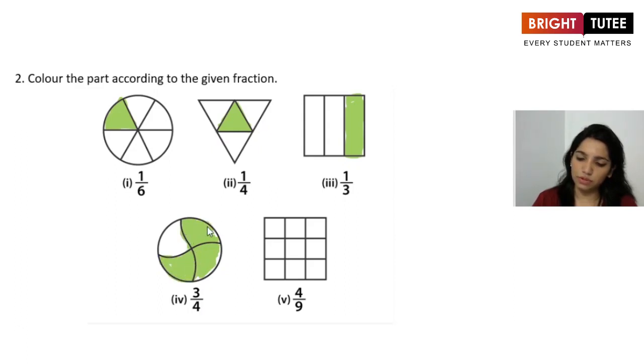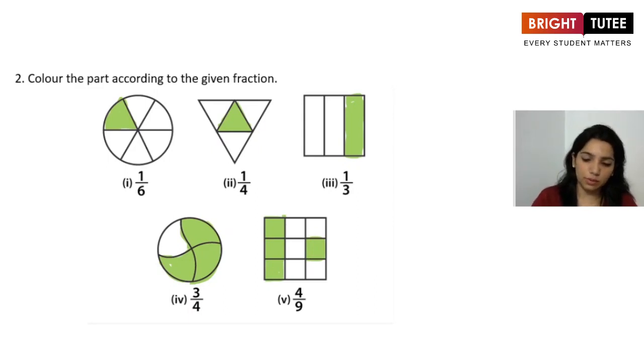Okay, so we have shaded 3 parts out of 4. The last one is 4 over 9. So let us shade 4 parts. So 1, 2, 3. And as I said, you can shade any part. So I'm just shading this particular block here. So we have now 4 blocks shaded out of 9.